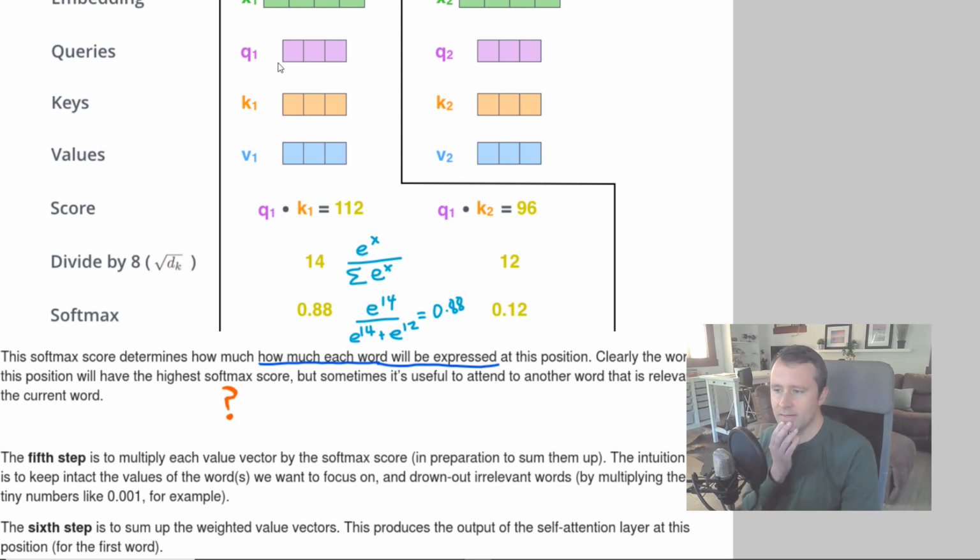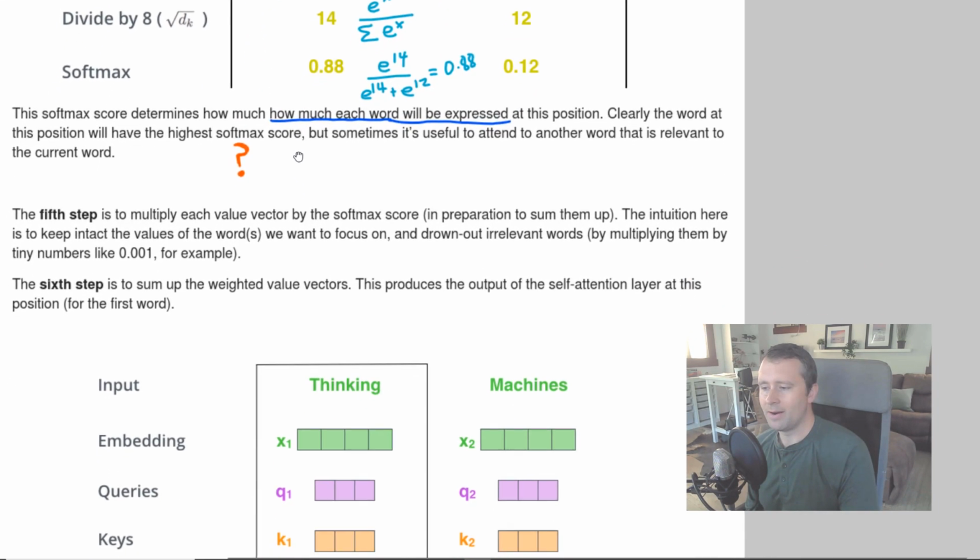That would mean that the query and key vectors for any word, I guess, are very similar, and so they have a high dot product. Why the query and key vectors would be similar for a word, I don't know. So it's not clear to me how Jay is drawing that conclusion here. So, open question. All right.